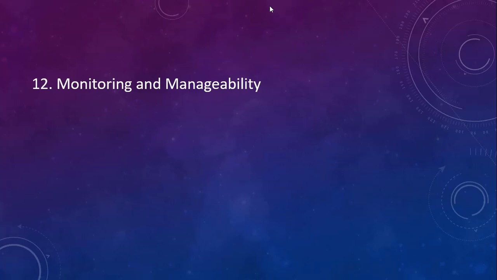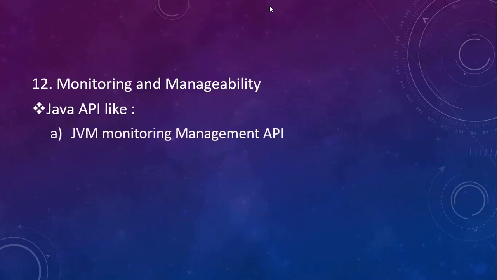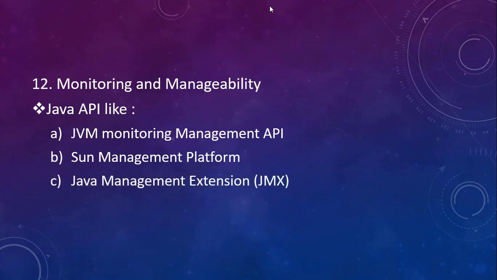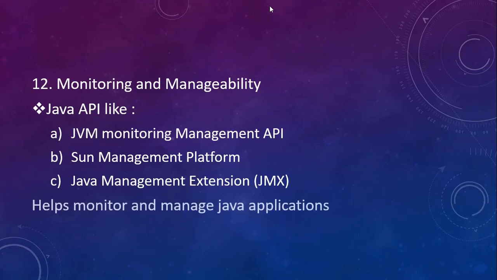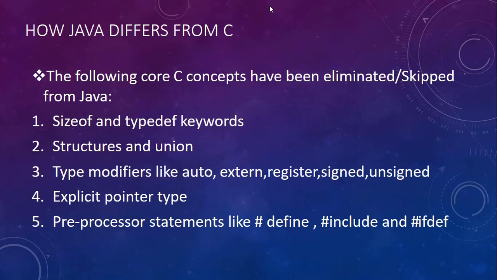Java's monitoring and manageability capability is very good. APIs like the JVM monitoring and management API, Sun management platform, and Java Management Extensions are different APIs in Java that help monitor and manage Java applications.